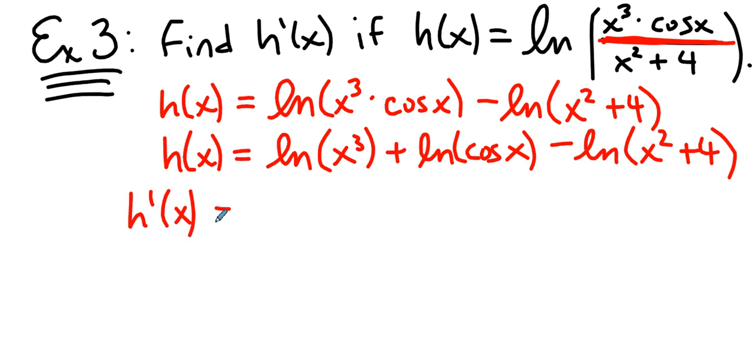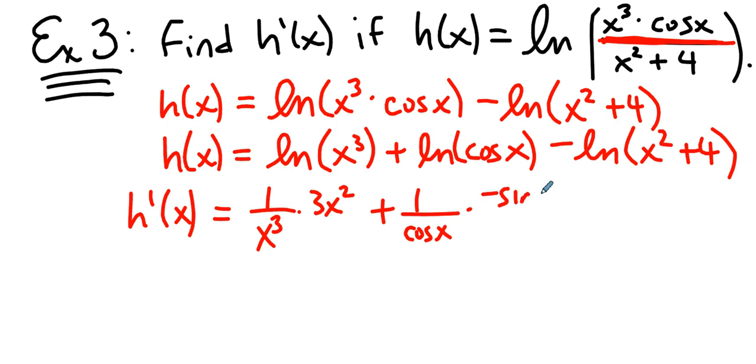H prime of x, well, the derivative of this is 1 over the thing times the derivative of the thing, 1 over the thing times the derivative of the thing. Okay?